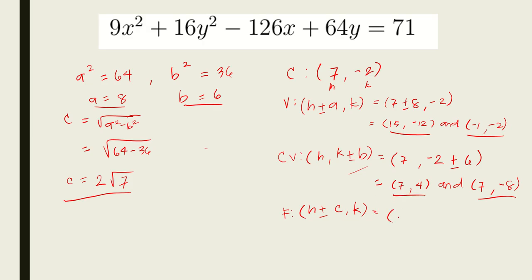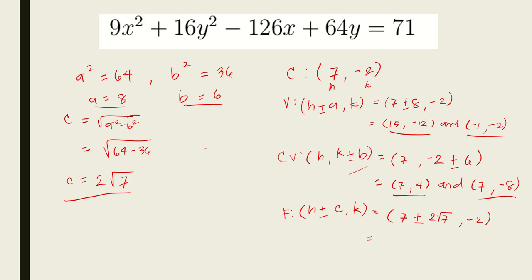Now for the foci, the h is 7 plus minus the c, which is 2 square root of 7, or you can write the equivalent decimal. It's up to you. That is still an acceptable answer. Comma, the k is negative 2. You can write that in your calculator.